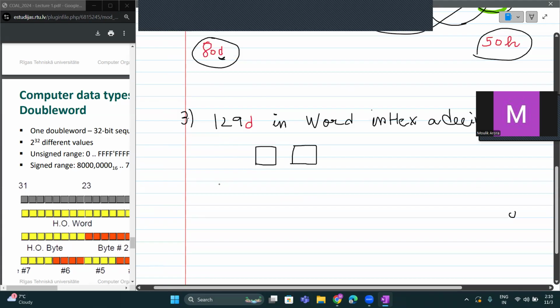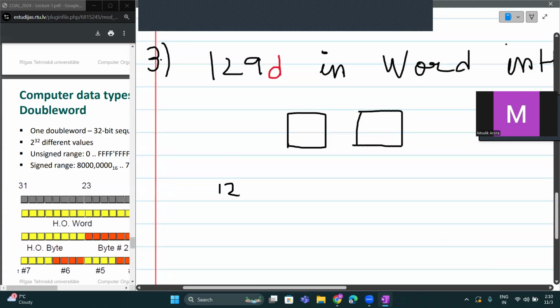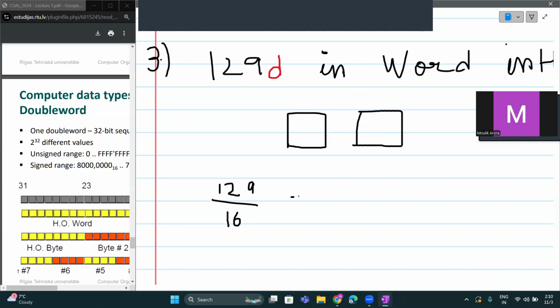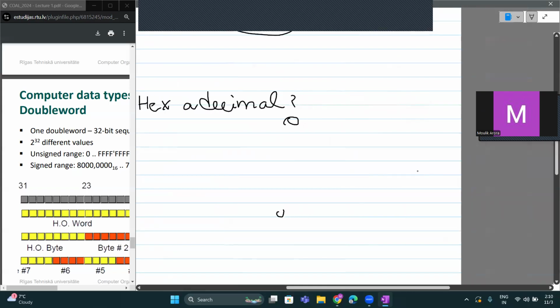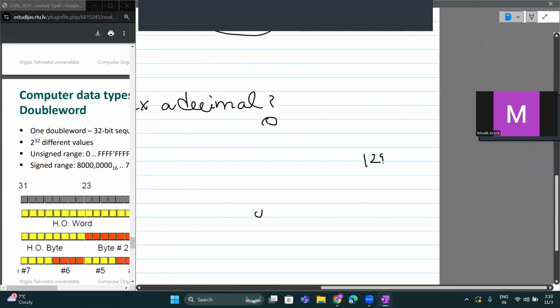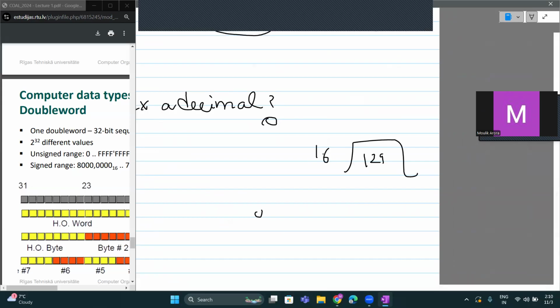If we want to change this 129 into hexadecimal, we divide it by 16. 129 divided by 16: 16 times 8 is 128.